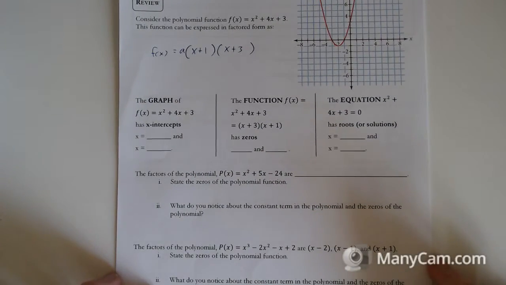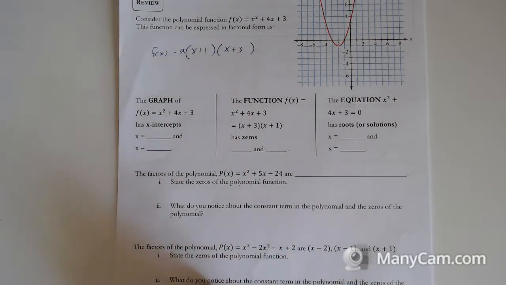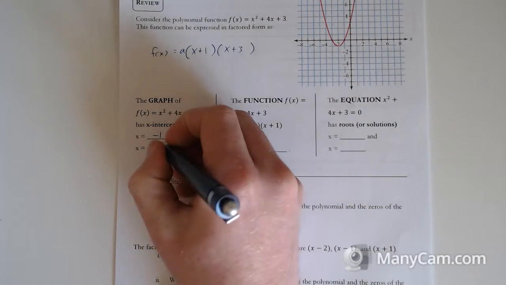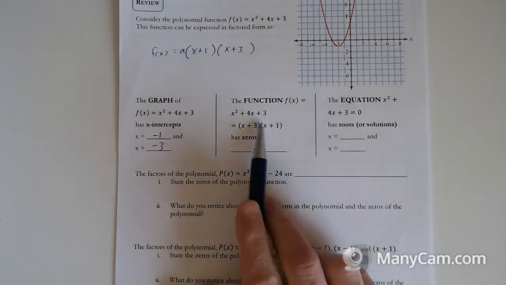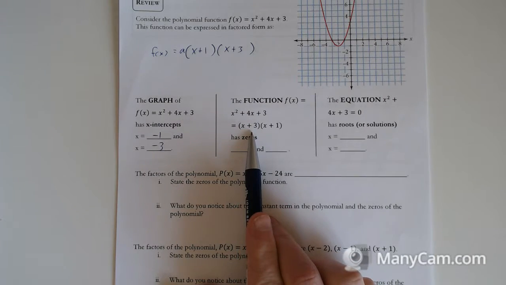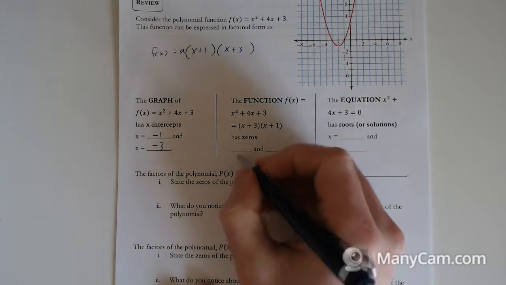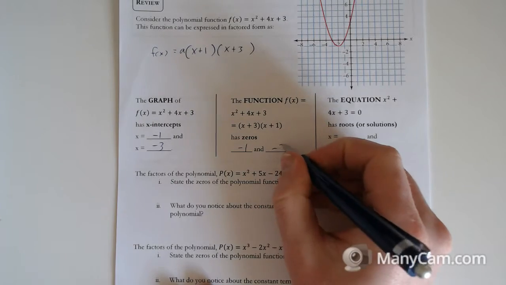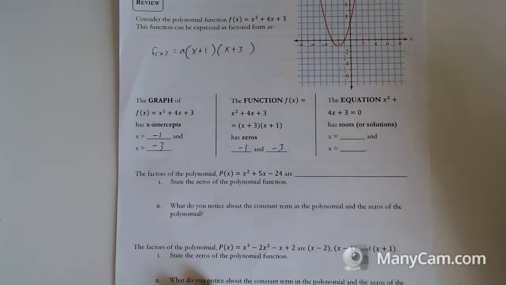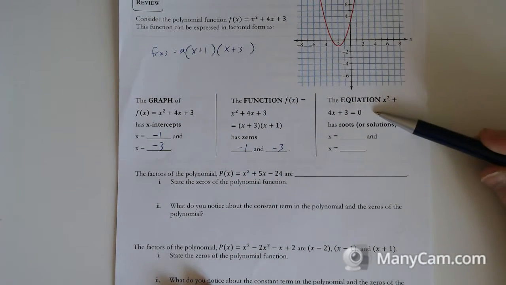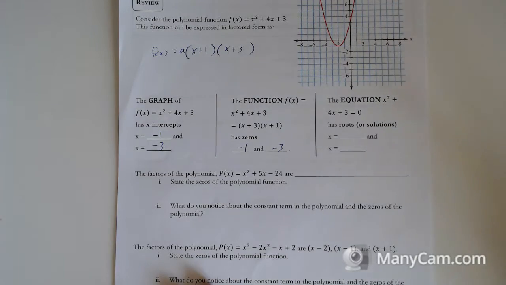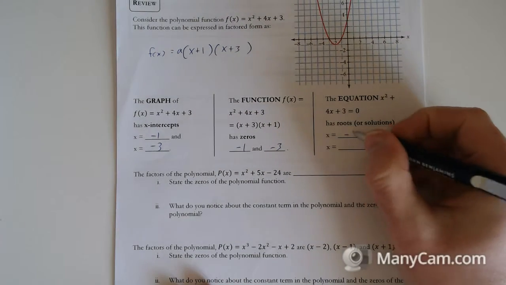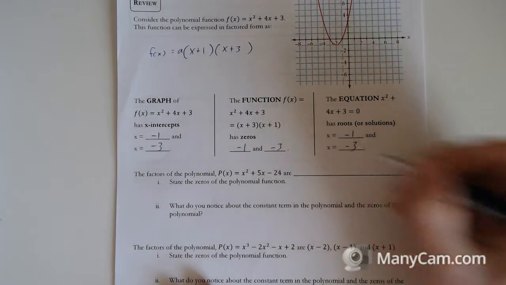So the graph of this function has x-intercepts at -1 and -3. If you have the function and it's factored as it shows below, this has zeros of -1 and -3. It's the exact same thing. And if you set up the quadratic equation with it equal to 0, this has solutions of x could be -1 or x could be -3.